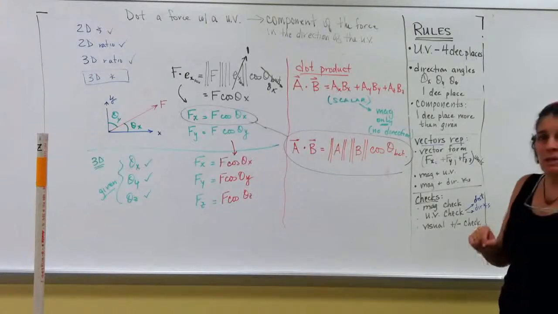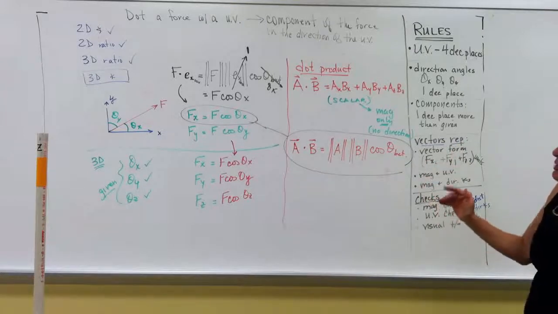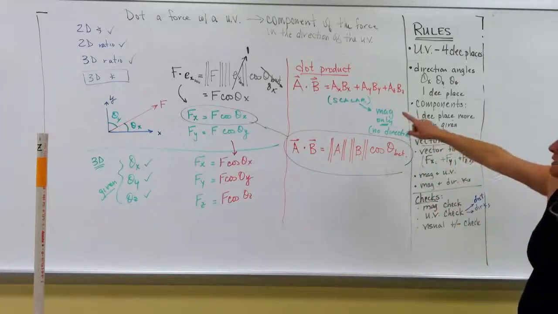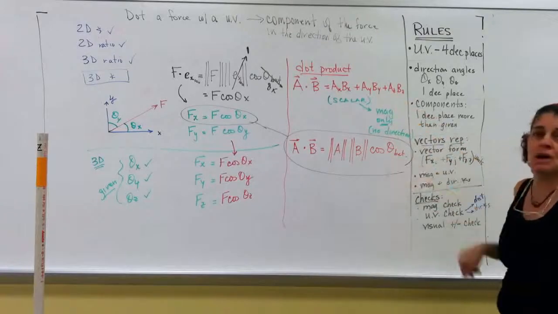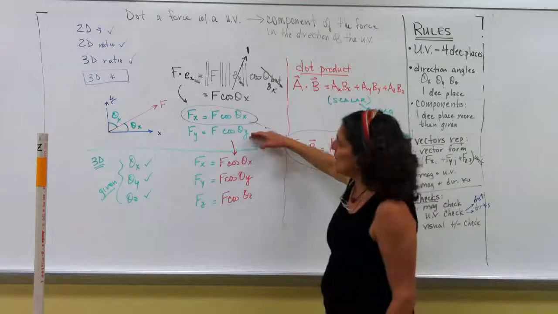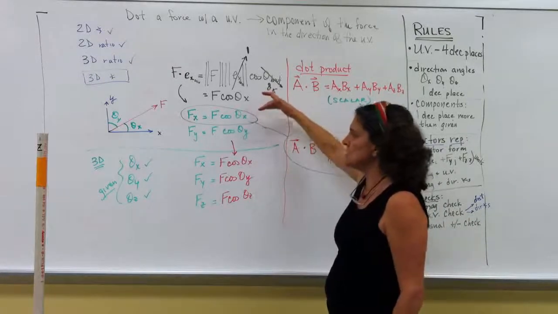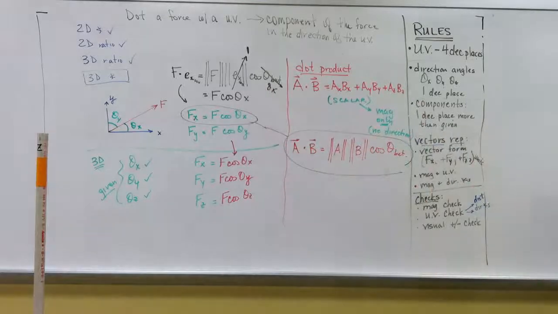But the main reason that we use cosine is when you're finding components of forces, you're really using the dot product, and the dot product involves the cosine function, not the sine function. So whenever you find components, you're basically using the dot product. So that's another reason that we tend to use cosine more.